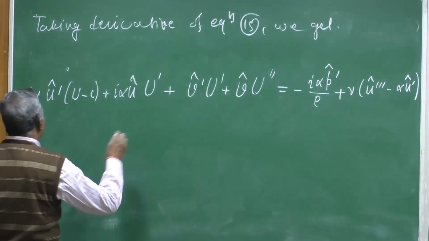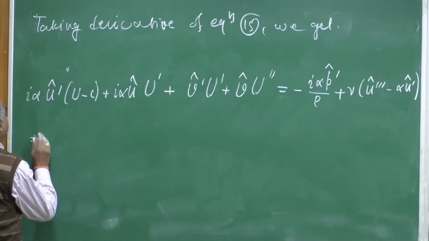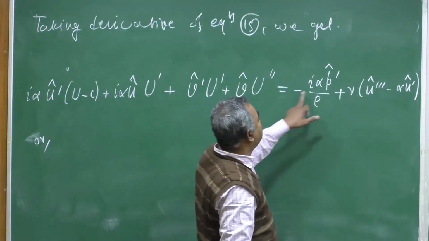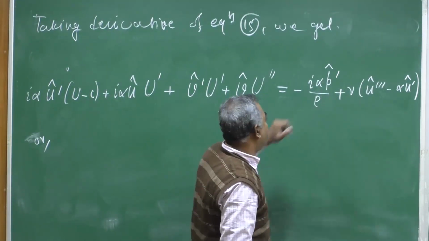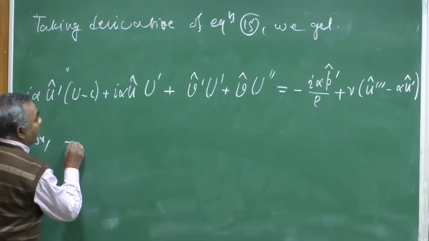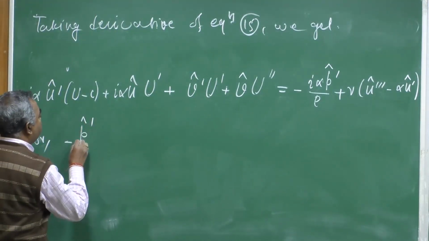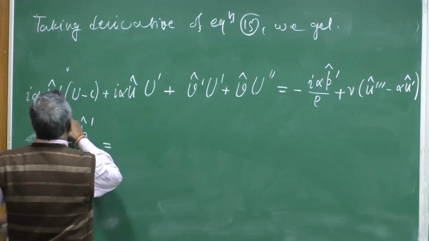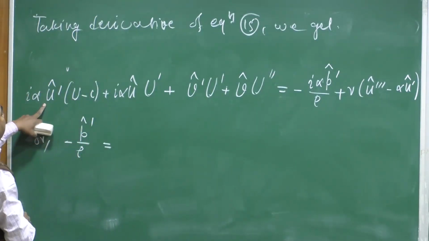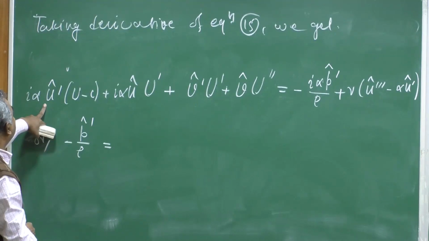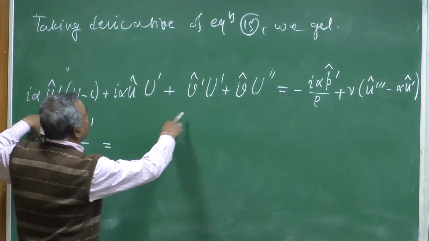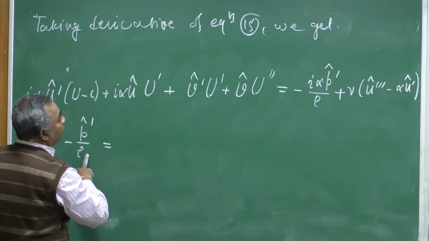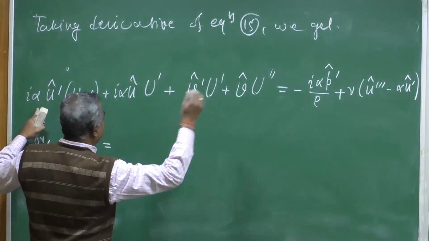Okay. So, now from this equation we can get the value of minus p hat prime by rho. So, minus p hat prime by rho equals, we can write this. This is a bit involved. So, this equals this minus that particular term.